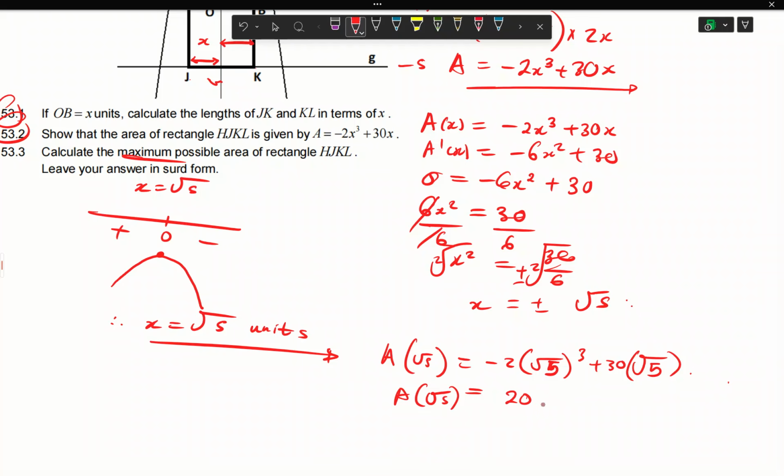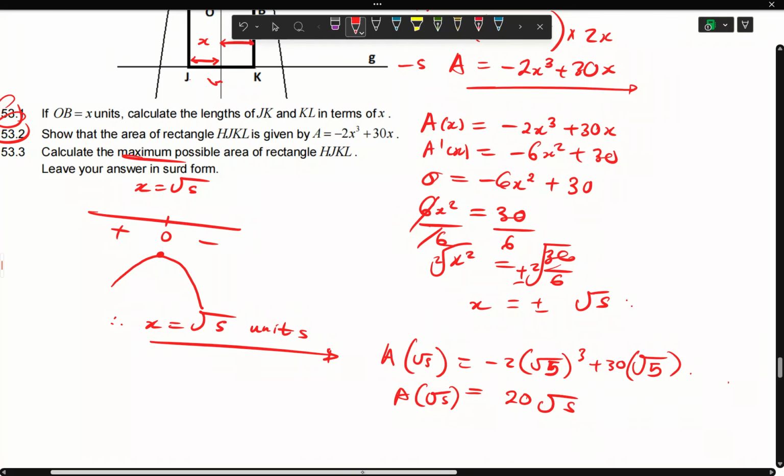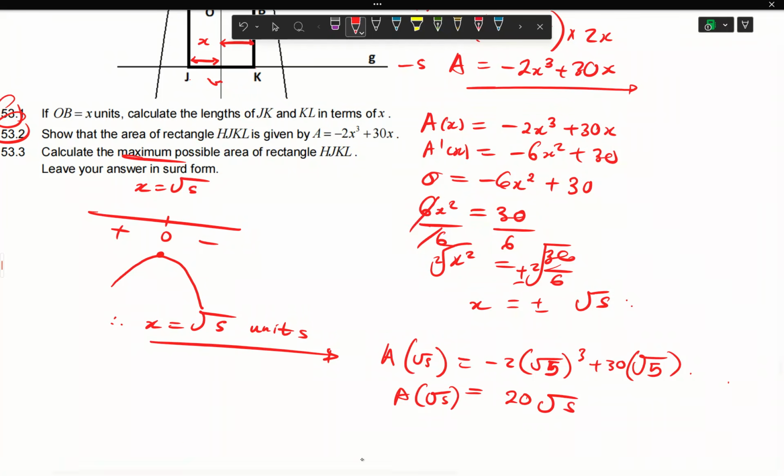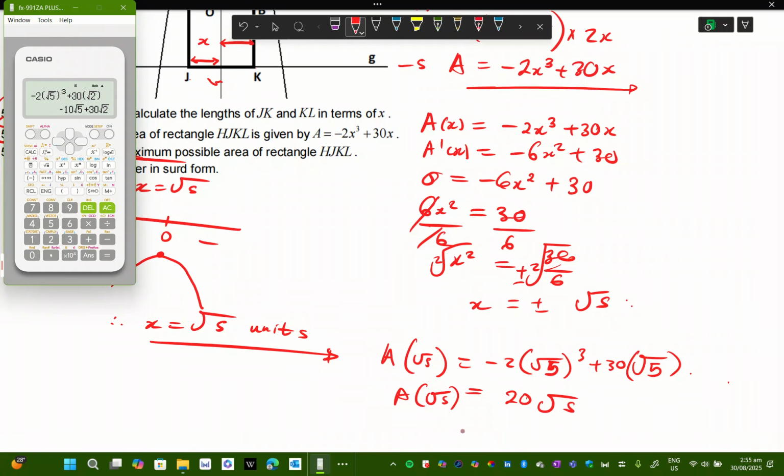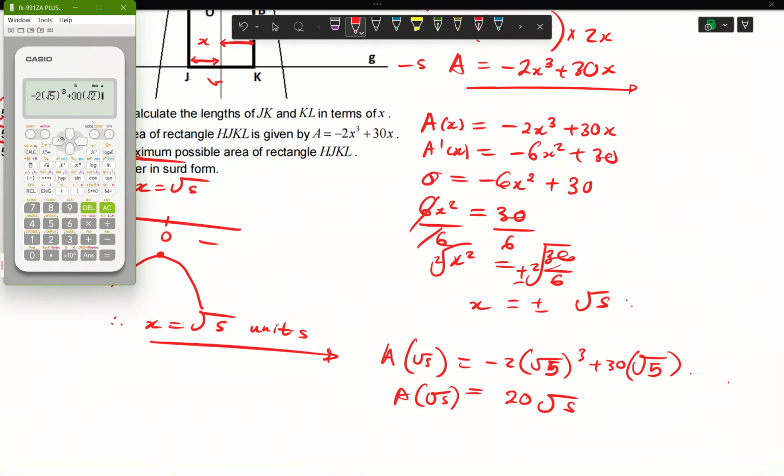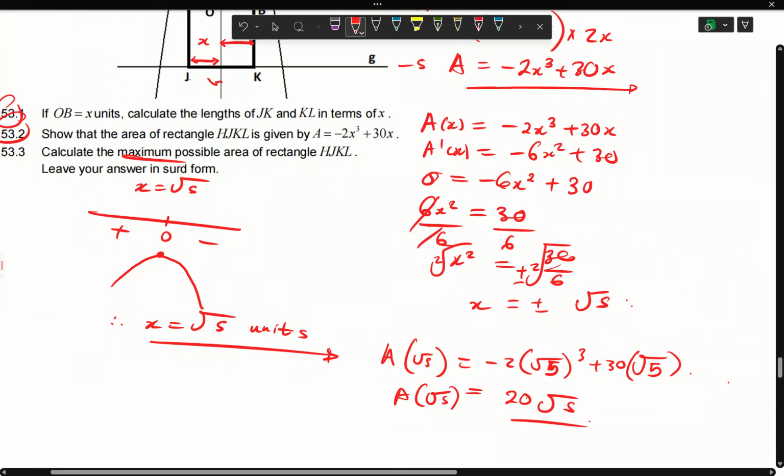So this is 20 square root of 5. Let me see what I did then. You see, I placed 2 there. That's why I'm saying I'm tired, guys. The answer is this.